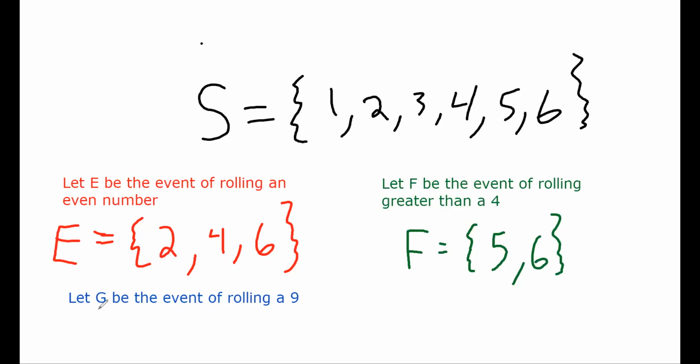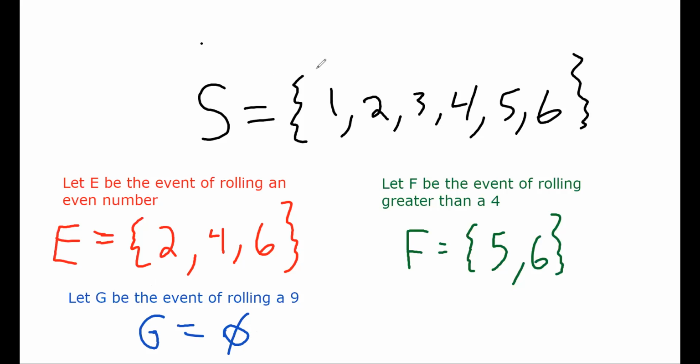You cannot. So G is the empty set. It's impossible to get a 9 in this case. But remember, we said the empty set is still a subset of the sample space, way back when we did chapter 2. So G is still an event, and even though it's the empty set, it's still a subset.